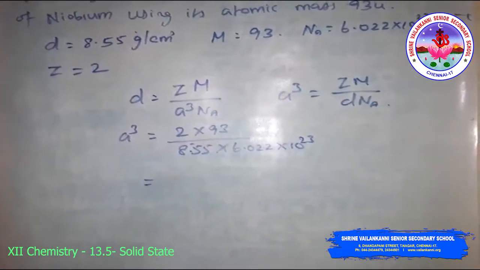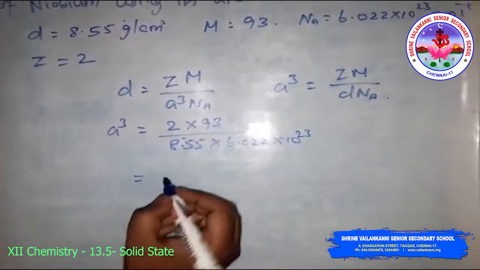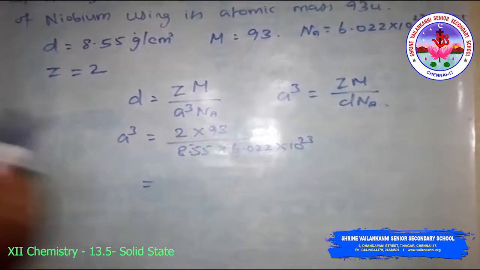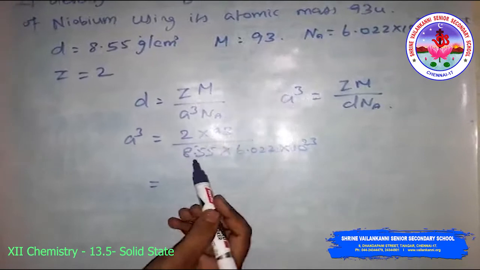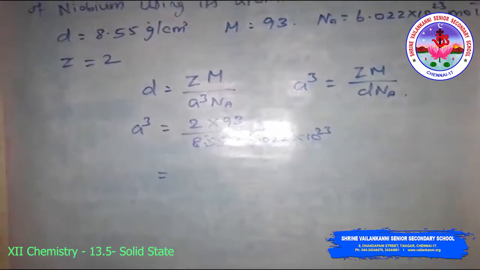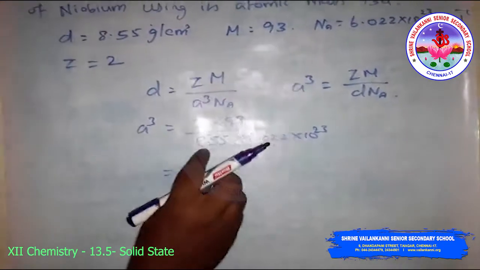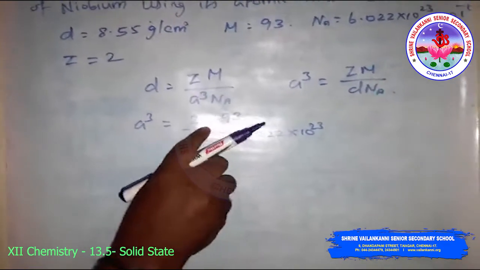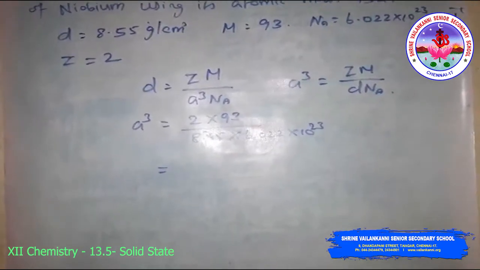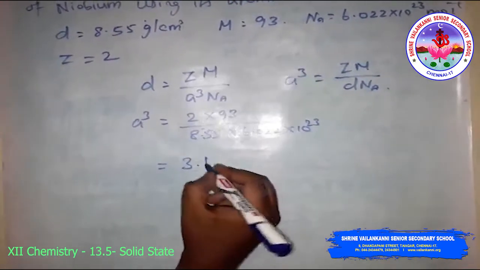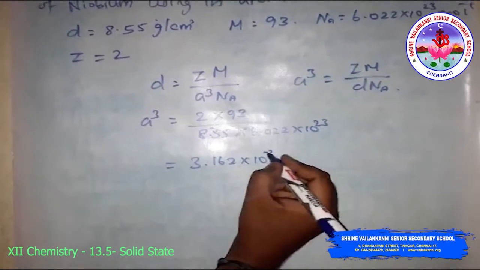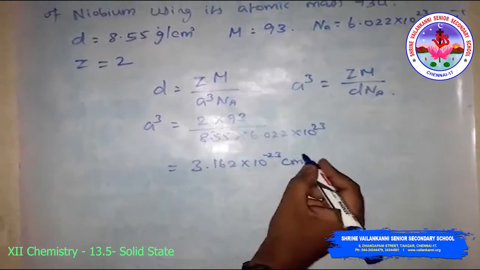After simplifying, you take log of 2 and log of 93 and add them. Then take individual logs of 8.55 and 6.022, and add these two values. Then subtract the denominator value from the numerator value. Then take the anti-log. You will get 3.162 into 10 power minus 23 centimeter cube.